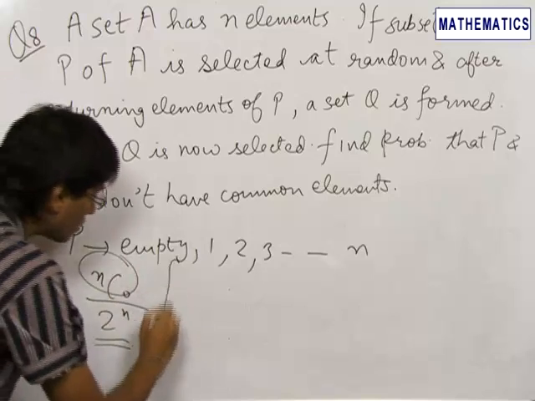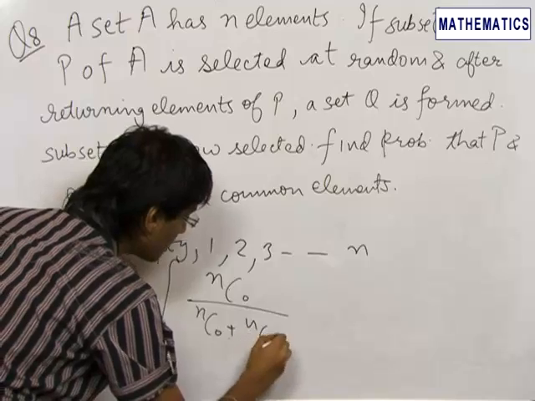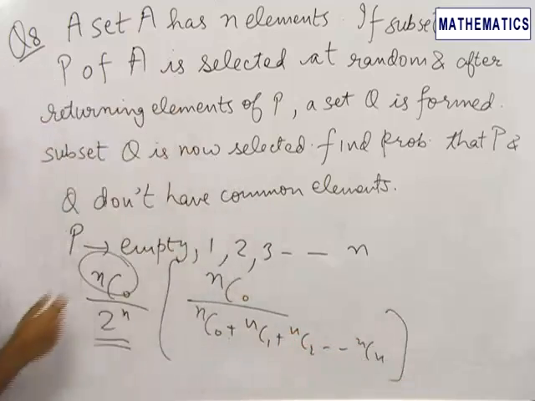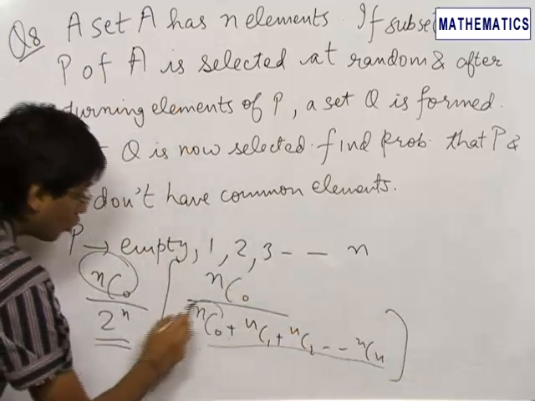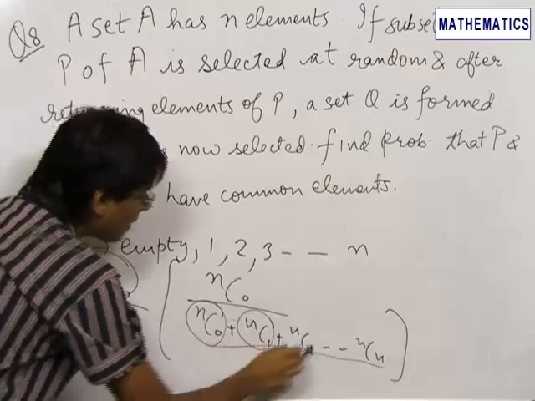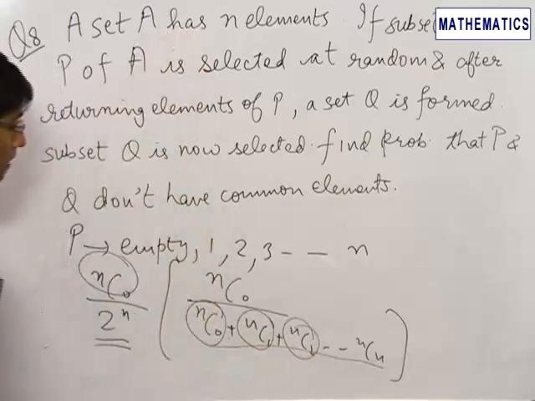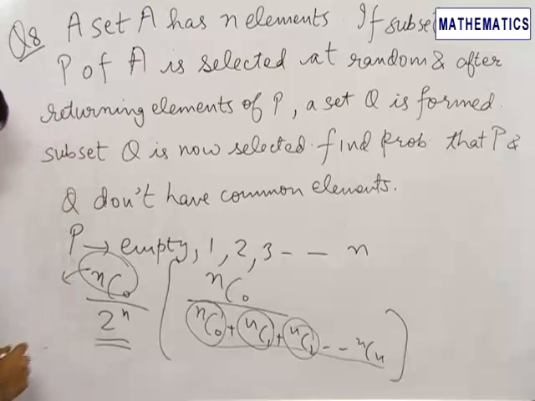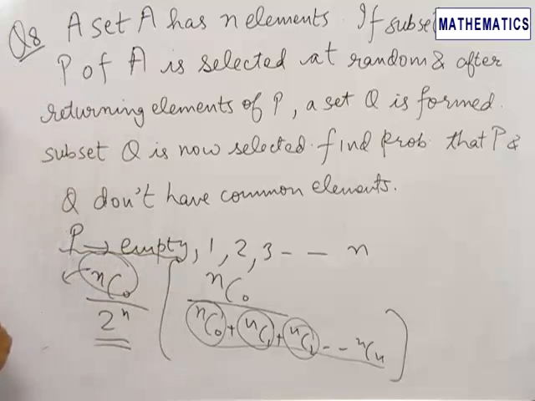This 2 power n is because it is nC0 plus nC1 plus nC2 up till nCn, because a set P can be formed in these number of ways. We could have 0 elements in P, 1 element, 2 elements or all the n elements of set A to form the set P. Hence the total number of ways of selecting P is nC0 plus nC1 up till nCn, and the favorable number of cases is nC0 because we have taken the set P to be empty.